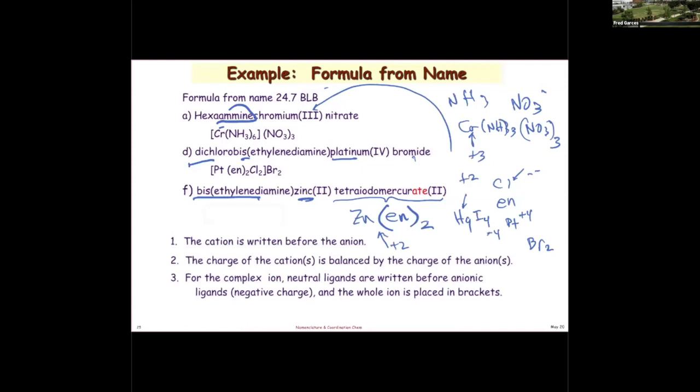But one common mistake that a lot of students will do, let me show you this common mistake, which you do not want to do, okay? Don't do this. Let me erase this. Let's say that I'm going to draw this as its structure. Let's say I have zinc. Don't do this. That's not acceptable for ethylene diamine.